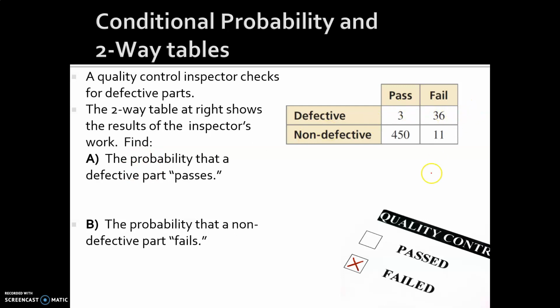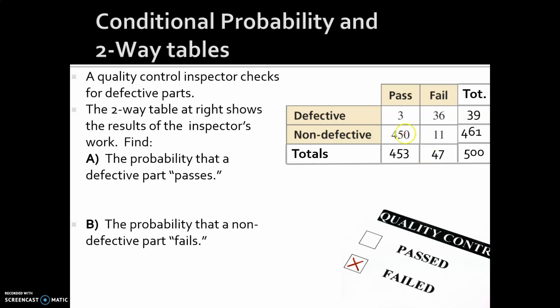And the way we're going to get the totals is we're going to add horizontally and vertically. So you add 3 plus 36 and get 39. You add 450 and 11 and get 461. Then you're going to add vertically. The number down here, keep in mind, should be the same regardless of whether or not you add vertically or horizontally. Should be the same exact number.